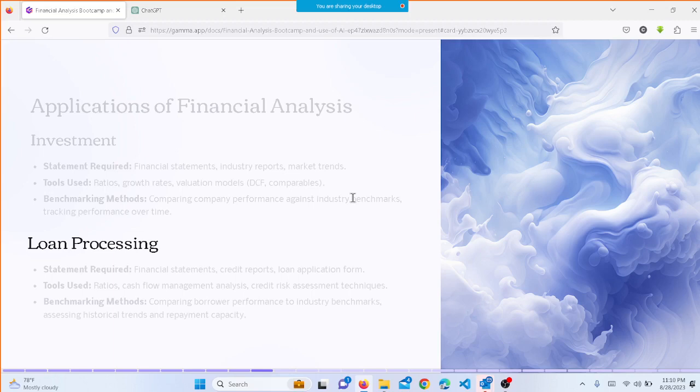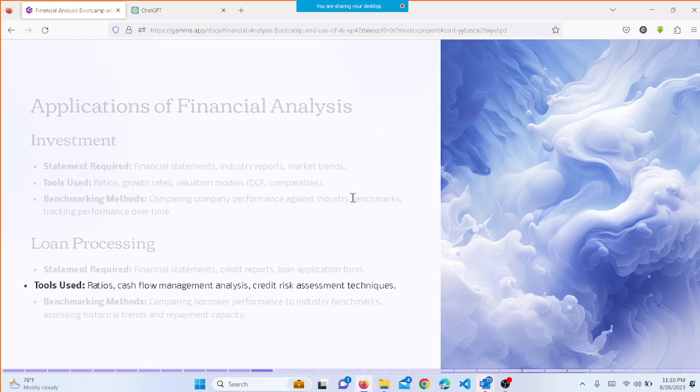For a while. Then the second step is the loan processing. Loan processing again, we need financial statements, credit reports and loan application forms. The tools we use are ratios, cash flow management analysis, and credit risk assessment techniques.